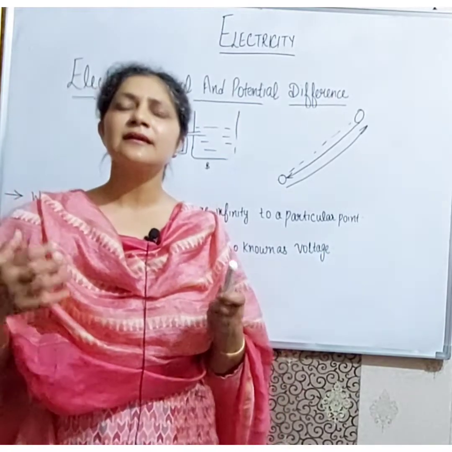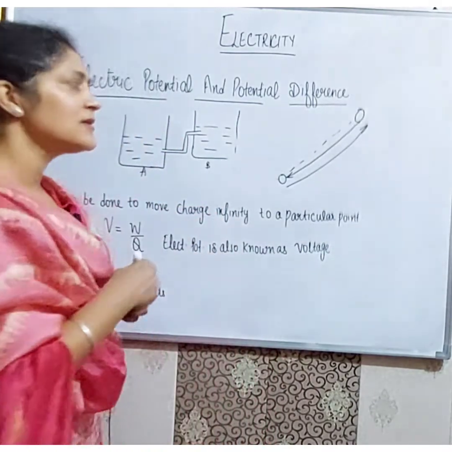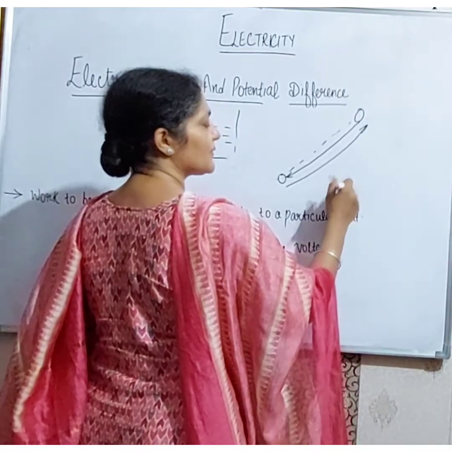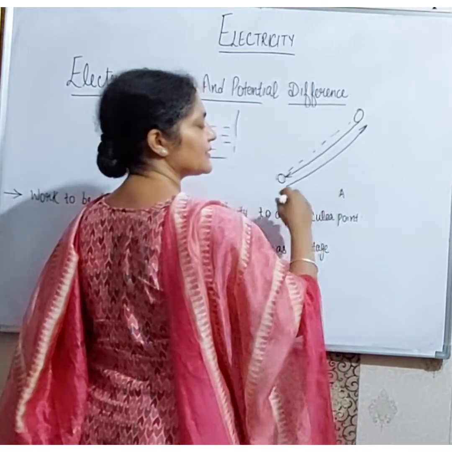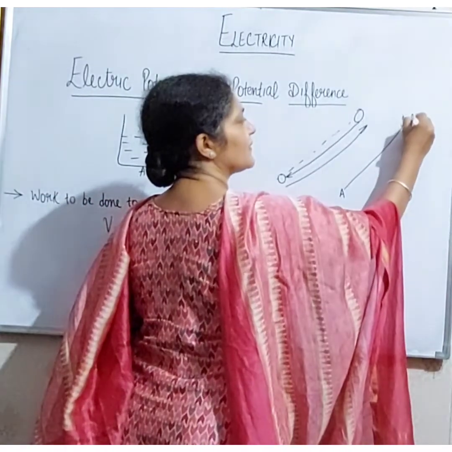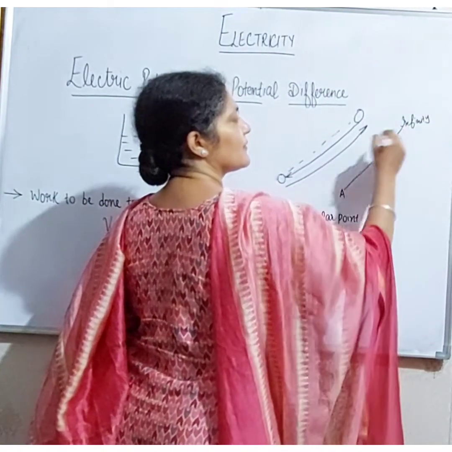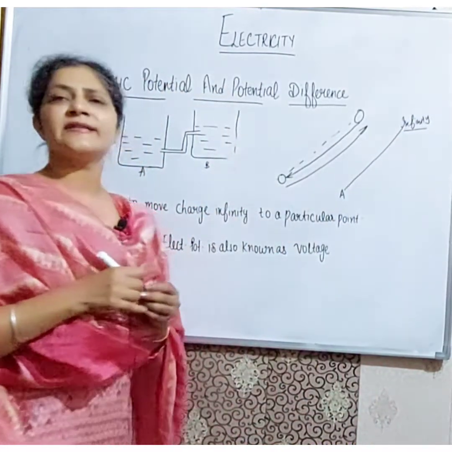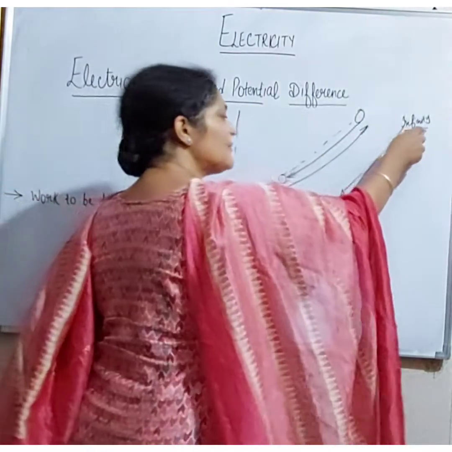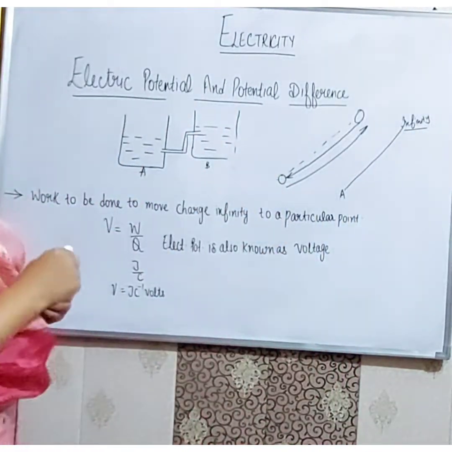So this is the case with electric charges. Suppose the electric charge is flowing from a point, we call it A, to infinity, right students? No work has to be done. When the charge has to come from infinity to A, right students?